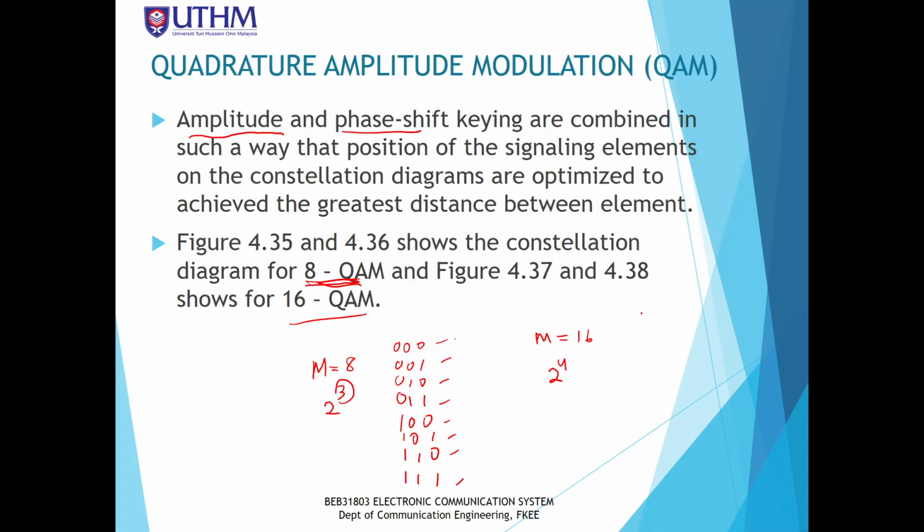That means we're going to have 16 symbols from 0000 until 1111. So we have 16 possibilities of input, and we're going to have 16 symbols to represent the input. So this is one of the high levels. Let me try to explain this to you so that you can have a better understanding.